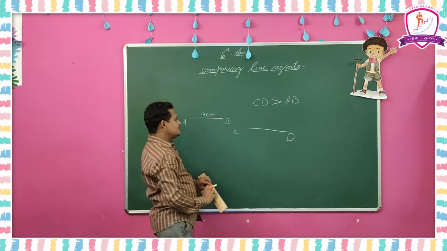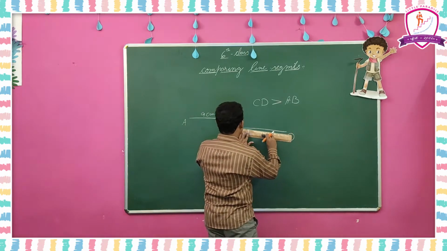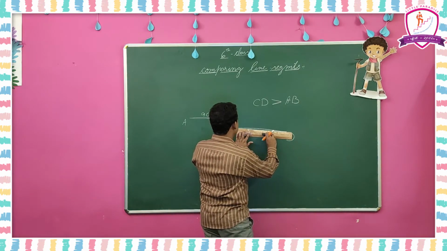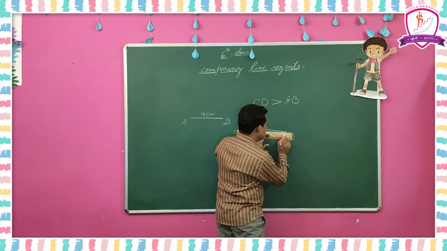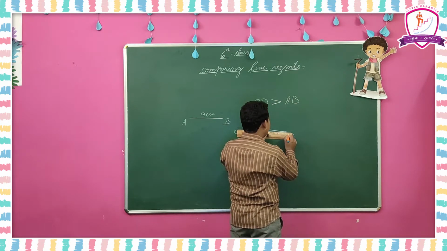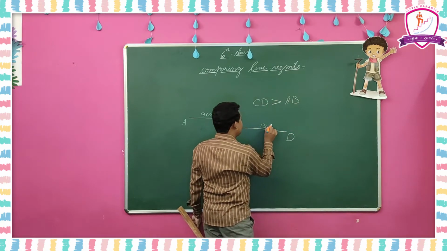Coming to the line segment CD, 0 is the initial point, and here it is more than 13, nearly 13.9 centimeters.